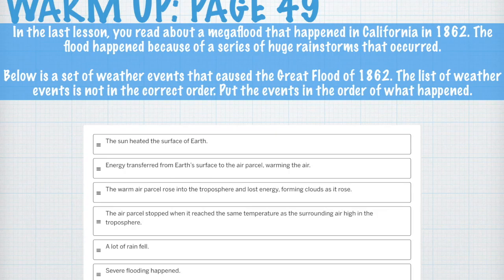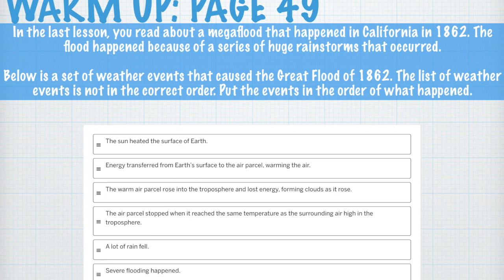At this time, I would like you guys to pause the video and go back and reread the disaster in California. We want to solidify our understanding of what causes large amounts of rain. Before the Great Flood of 1862, California's weather was constantly hot and dry.